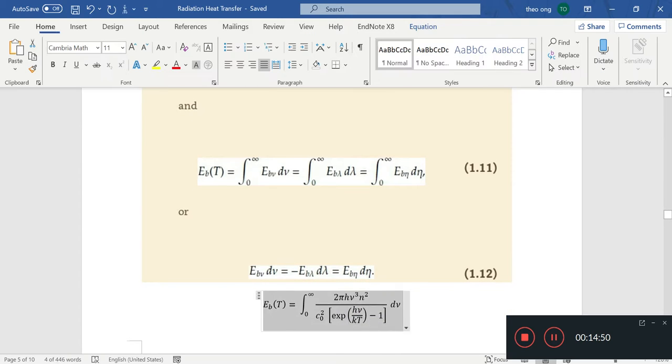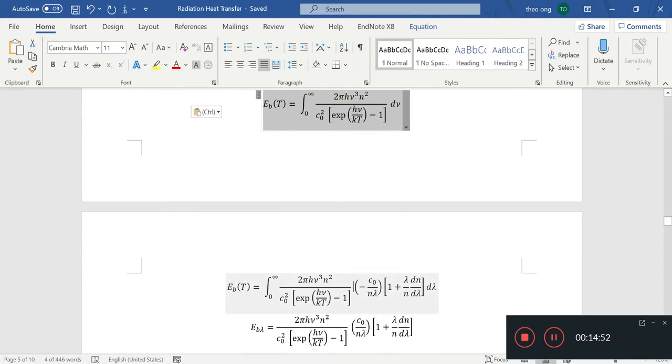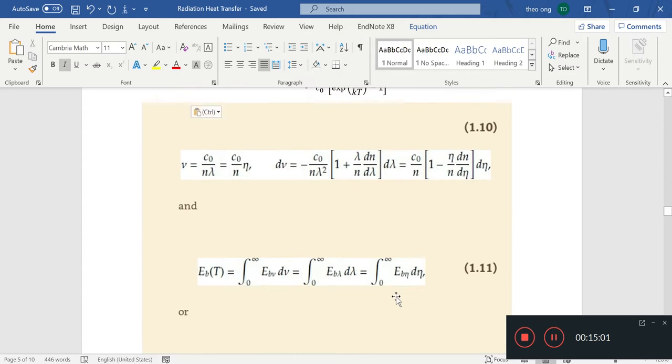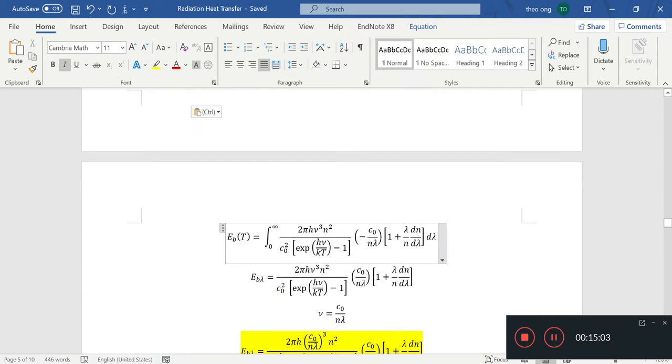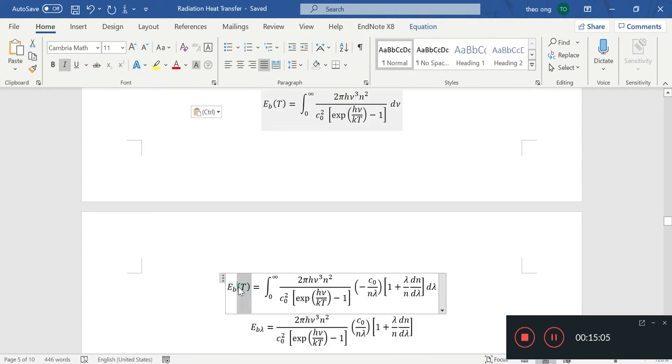Okay, so this is what we have again. Now what I'm doing here is slowly showing and proving to you what these expressions actually look like. We start out with this according to the frequency, right?